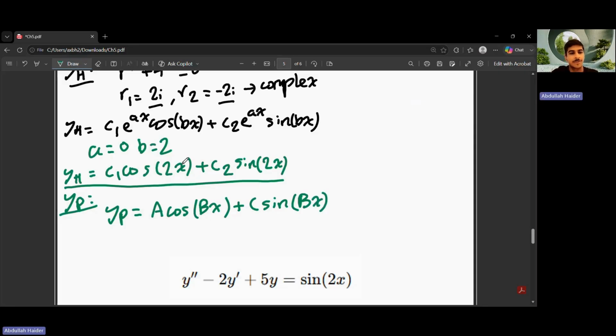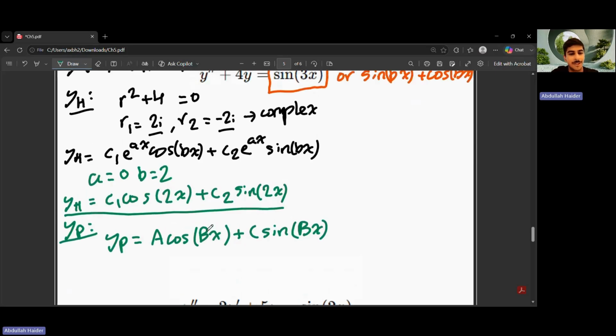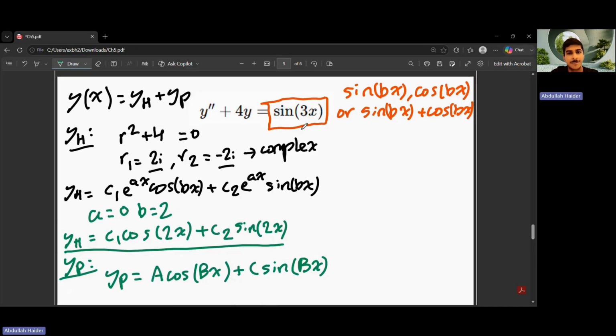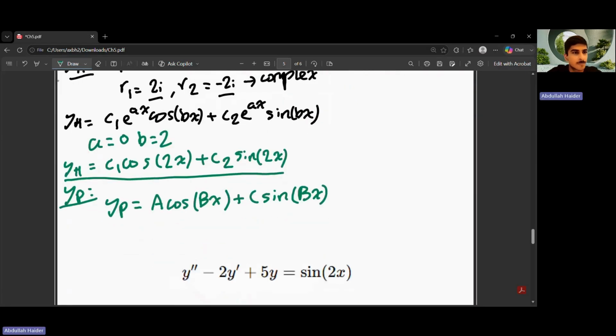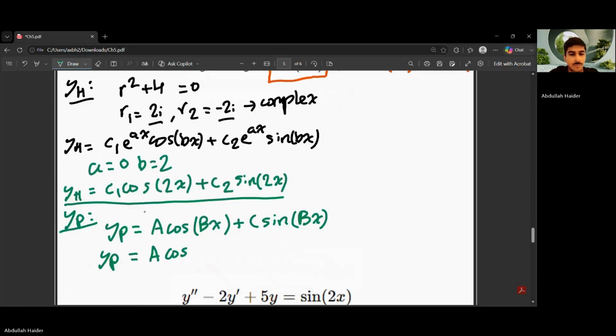Now, one important thing to note is the small b and the big B are different. The big B is basically the coefficient of x that we have inside the sine. So our yp is a cosine 3x plus c sine 3x.